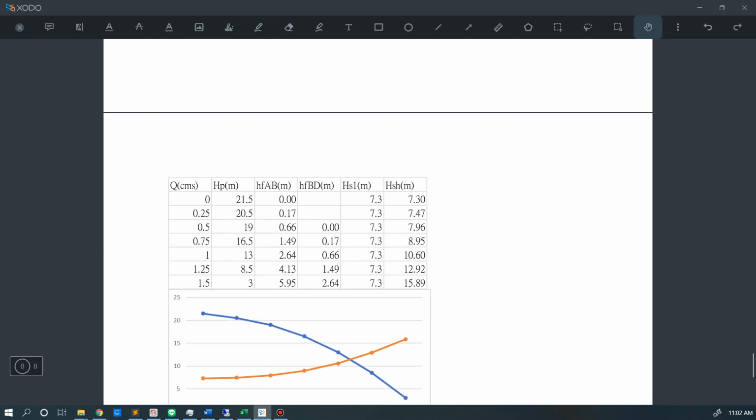So easily you can use Excel to create a table, put the flow rates here, put the corresponding pump head here, and this is the thing that we want to calculate.